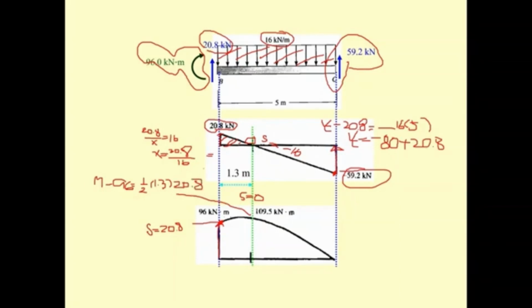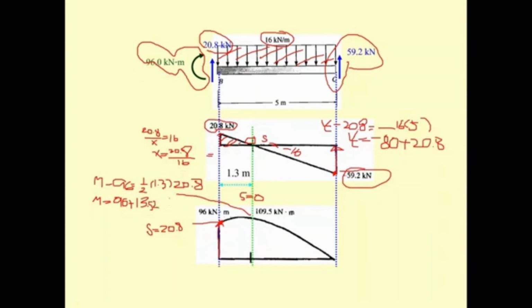So you will get the value here, by M, then it's going to be equal to minus 96, so plus 96 here, and then it's going to plus 10.4. 20.8 divided by 2 is 10.4, and times 1.3 is 13.52.